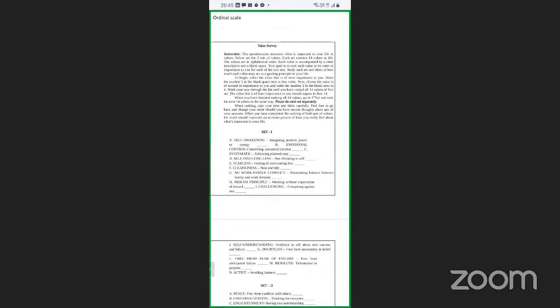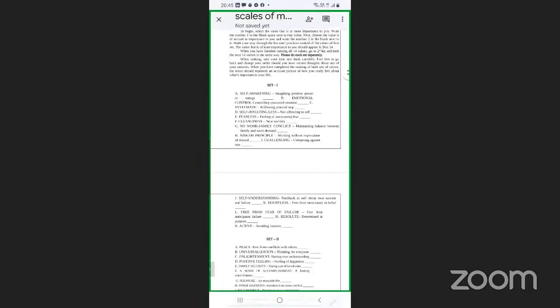I am not discussing that one. What is important is that you have to rank these 14 values based upon your preference. First, second, third, fourth. That will be your rank.